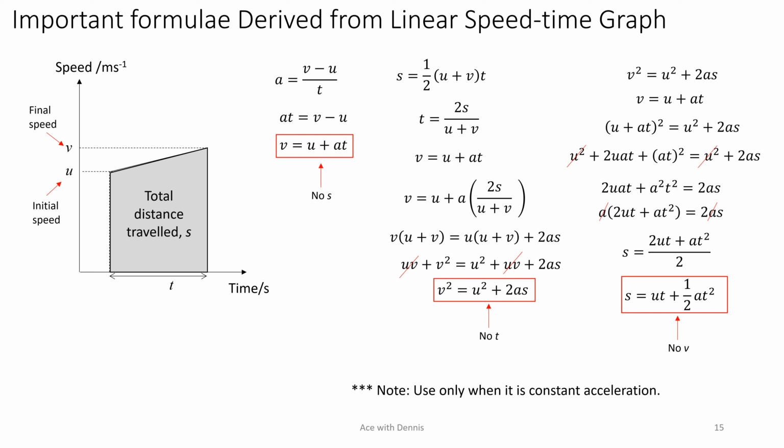So what does it mean? It means that when you read the question, if they don't give you the total distance traveled, then you can use the first formula. If the question does not give you the time taken, then you can consider if you can use the second formula. If the question does not give you the final speed, you might consider using the third formula.